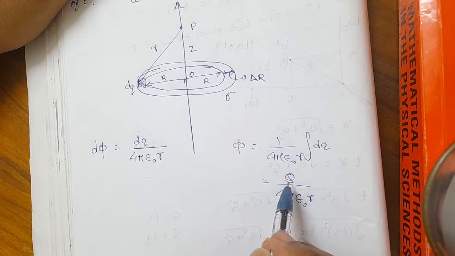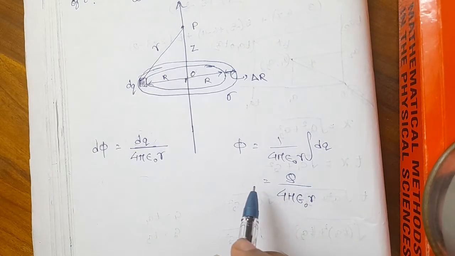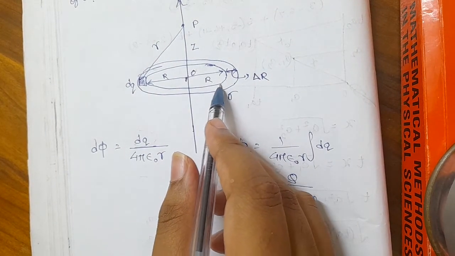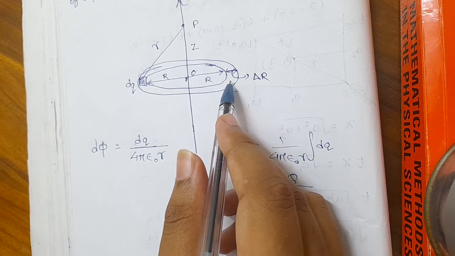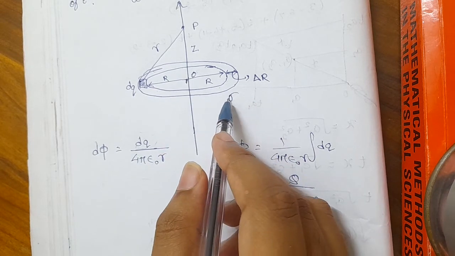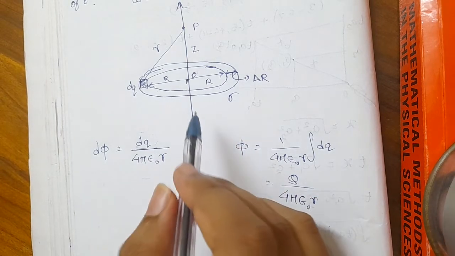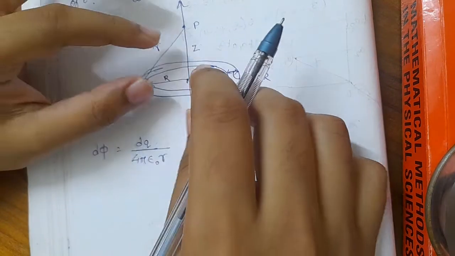But what is q? I have assumed that q is the total charge of the ring. How to find out the total charge of the ring? For that we have to multiply the area of the ring with sigma. By the term area I mean the area of the strip. Imagine that the ring were opened and made flat.